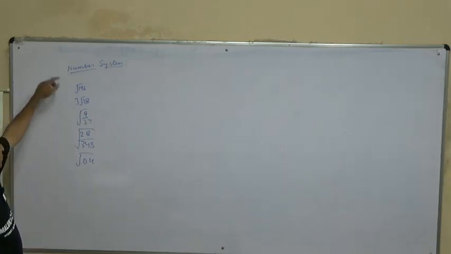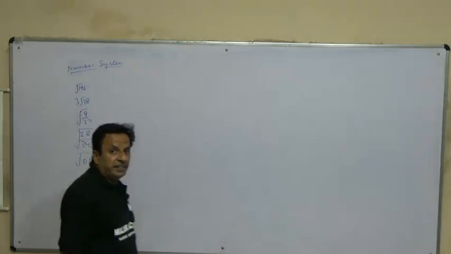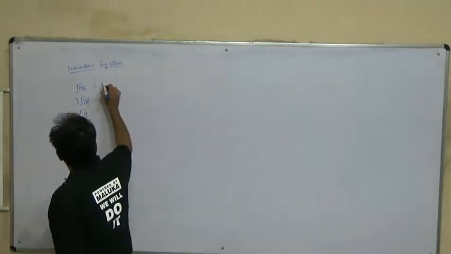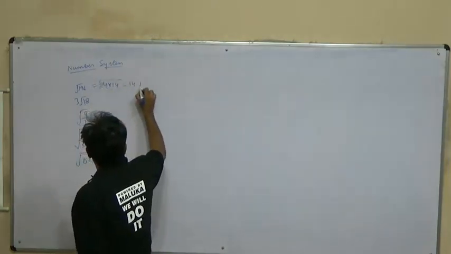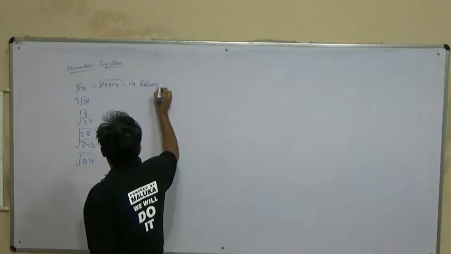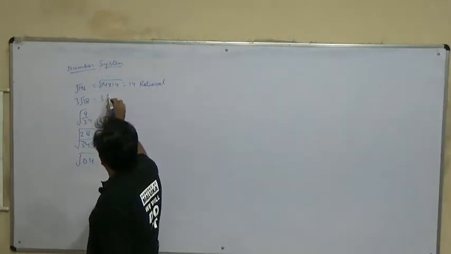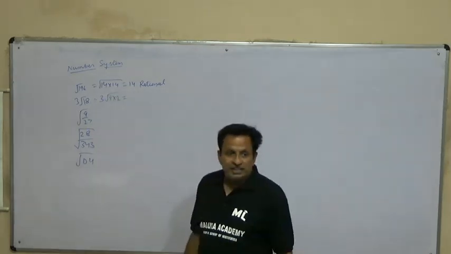Now let us see what is root 196. We know that 196 can be written as 14 into 14, so this comes out to be 14, so this is rational। Then 3 into under root 18, under root 18 can be written as 9 into 2, which is under root 9 is 3.